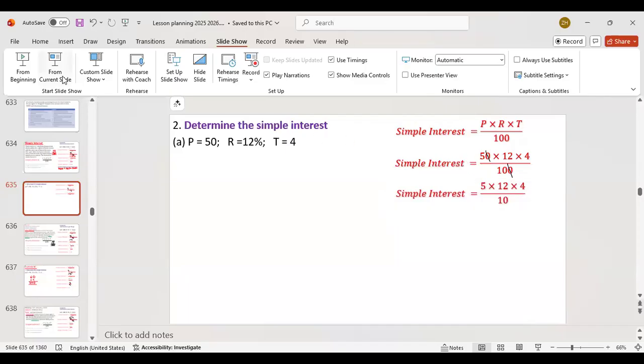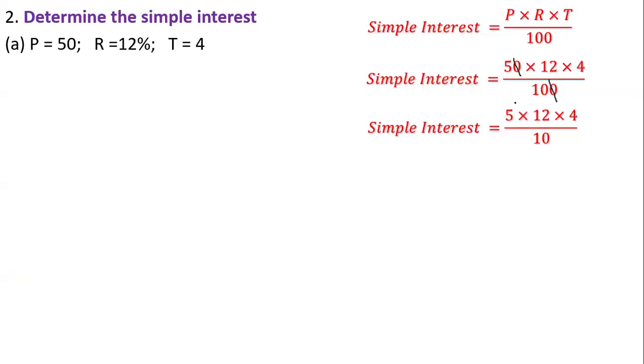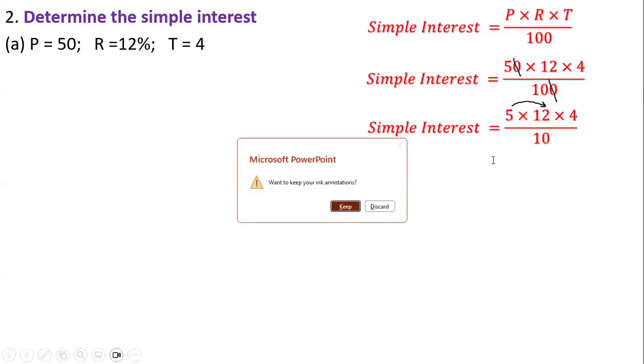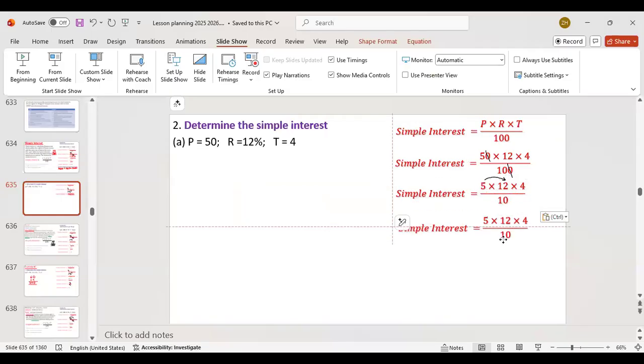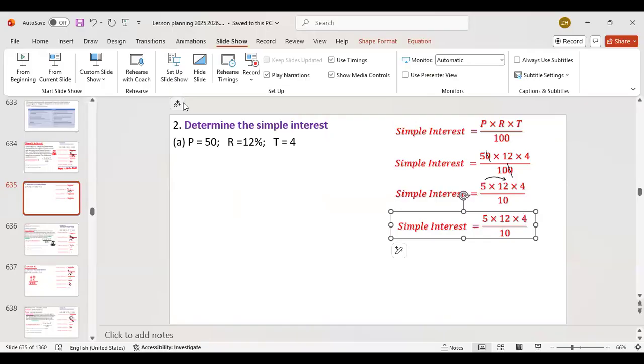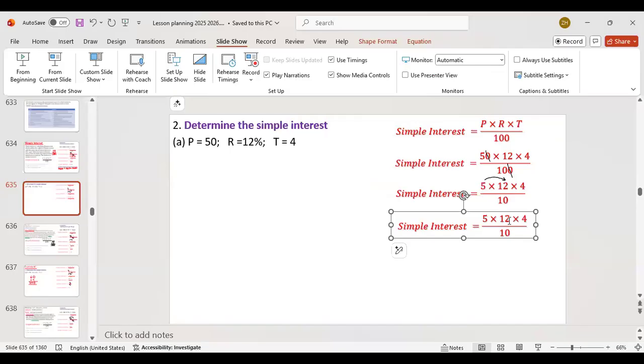And so we can multiply the 5 times the 12. First we do 5 times 12, which is 60.